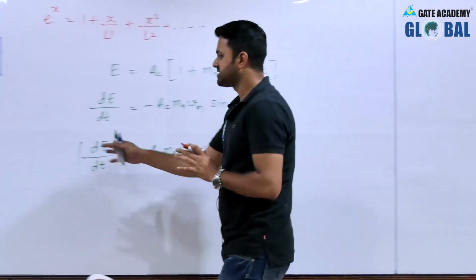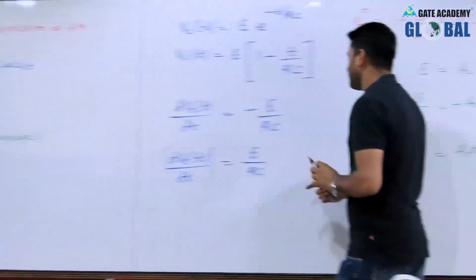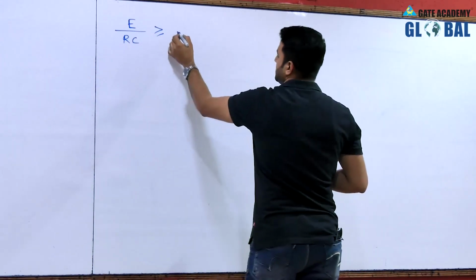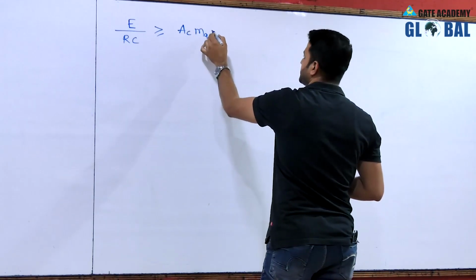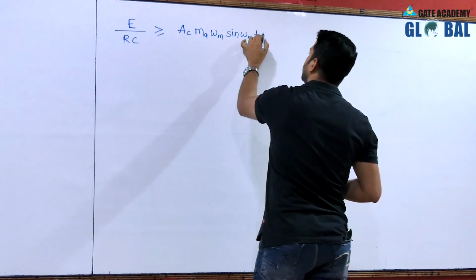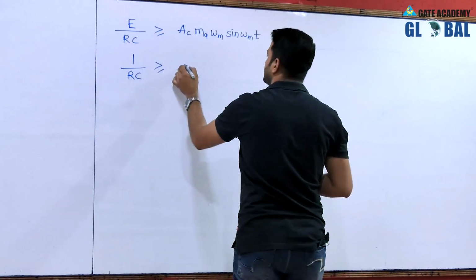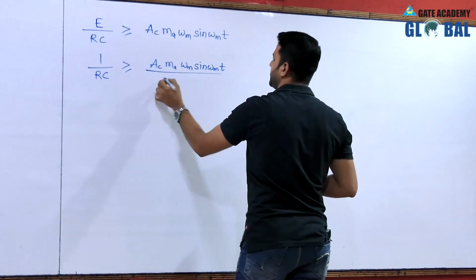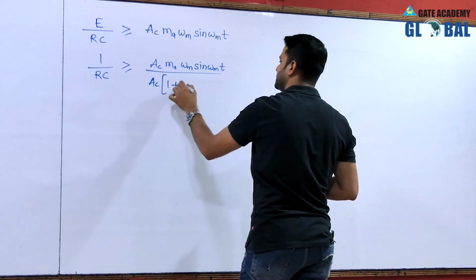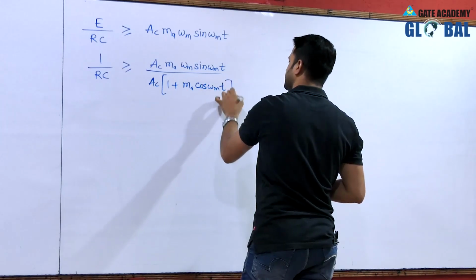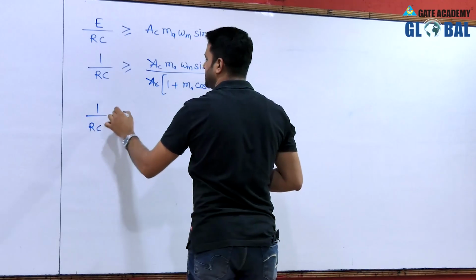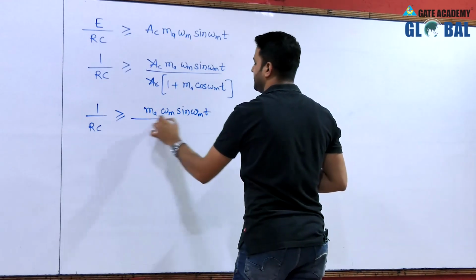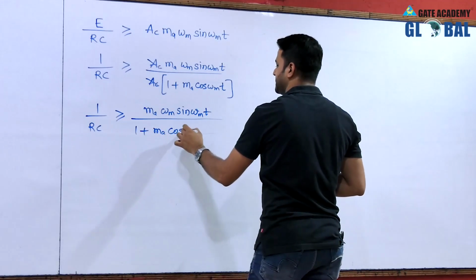Now if we put this in the condition, we get E upon RC greater than or equal to Ac mₐ ωₘ sin ωₘt, or 1 upon RC greater than or equal to Ac mₐ ωₘ sin ωₘt divided by the envelope. The envelope is Ac(1 + mₐ cos ωₘt). The Ac and Ac get cancelled, and we get 1 upon RC should be greater than or equal to mₐ ωₘ sin ωₘt divided by 1 + mₐ cos ωₘt.